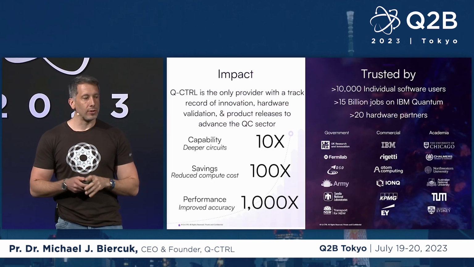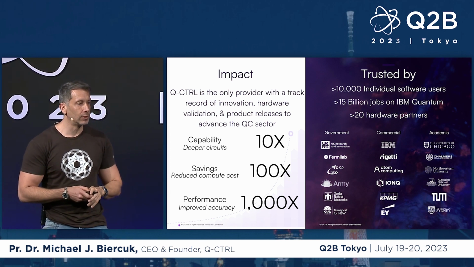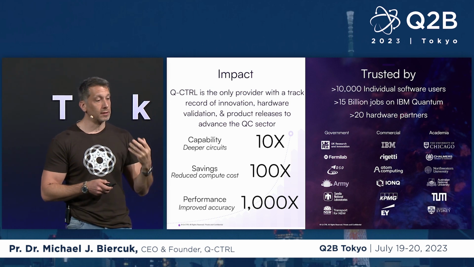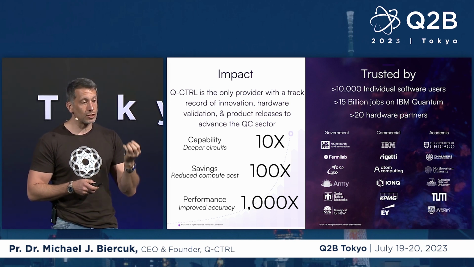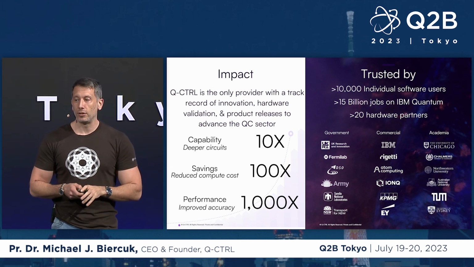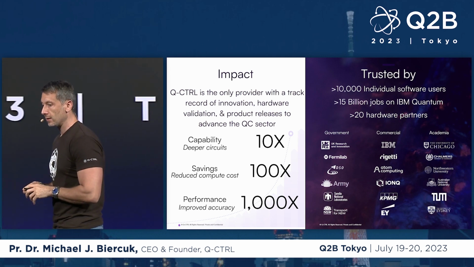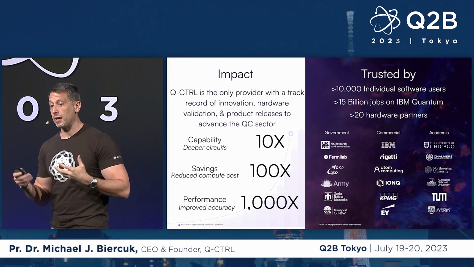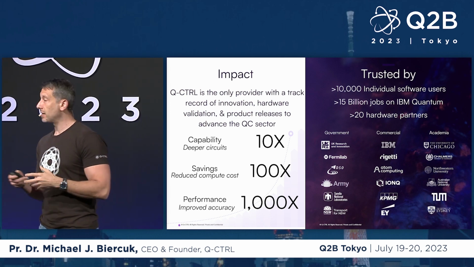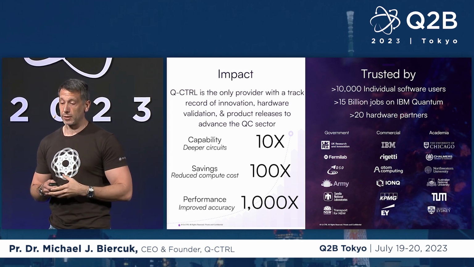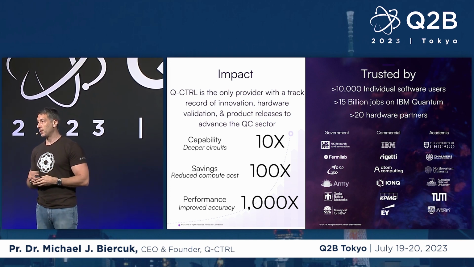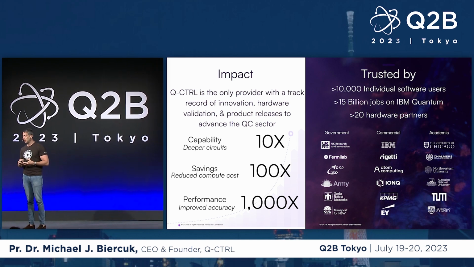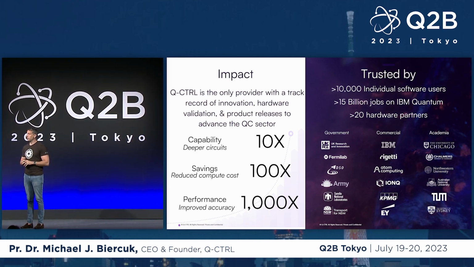Now, at this point, Q-CTRL is 5.5 years old. We are the only company in the sector with a track record of delivering products in software and ensuring that they are useful for advancing the quantum computing sector. We have delivered and demonstrated on real hardware 10x enhanced capability, deeper circuits run on real hardware, 100x cost savings to end users, and over 1,000x performance enhancement in real algorithms run on real quantum computers.